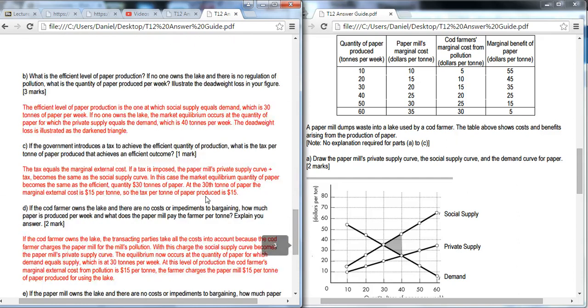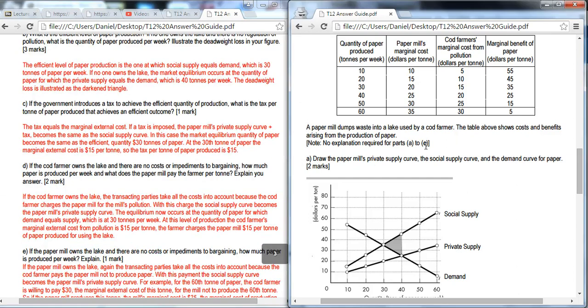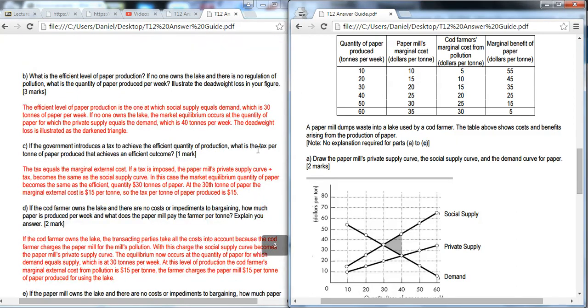Okay, so part B asks what is the efficient level of paper production if no one owns the lake and there is no regulation of pollution. What is the quantity of paper produced per week? The paper mill is dumping waste into a lake used by the fishermen.